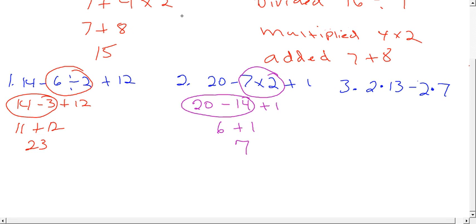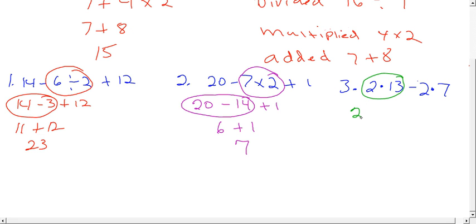So let's try the last one. It's pretty good stuff here. I see 2 times 13, and I also see 2 times 7. But remember, we said we're going to work from left to right. So first thing is 2 times 13.